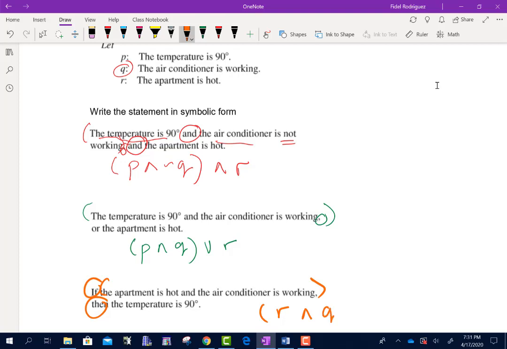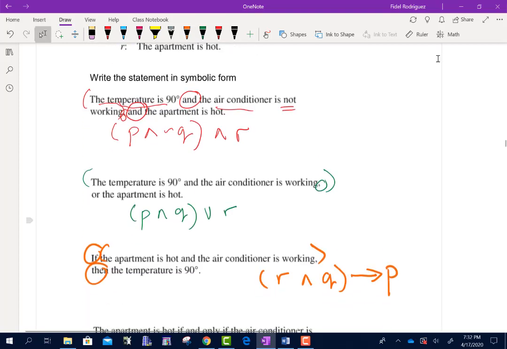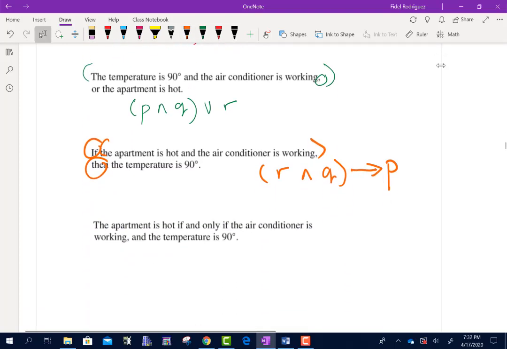That is Q. Since this is an if then, there's going to be my arrow. The temperature is 90 degrees. That is P. That doesn't look like a very good P, does it? Let's fix that. P. There you go.